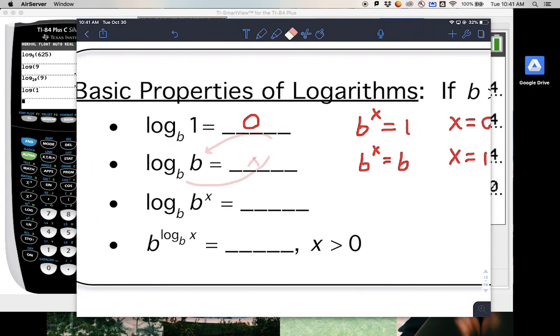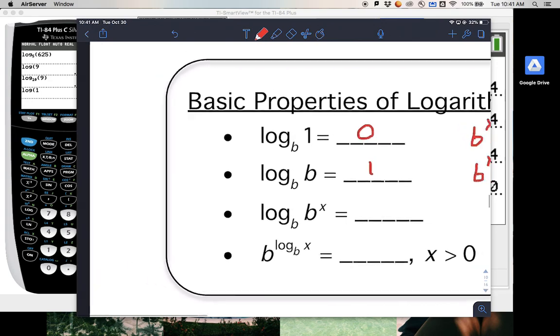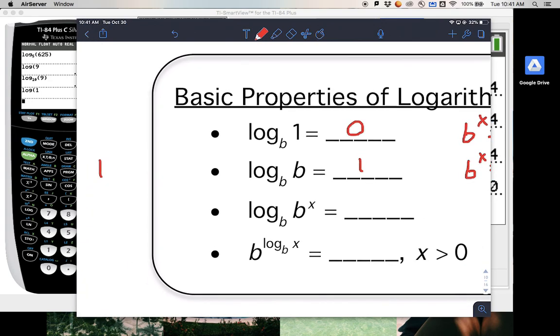So we're going to say that the log base b of the same number b, whatever that is, is 1. For example, if you had log base 8 of 8, sometimes they put it in parentheses like that, that will simplify down to 1 when they're the same. It's like they, in a way, cancel each other out.